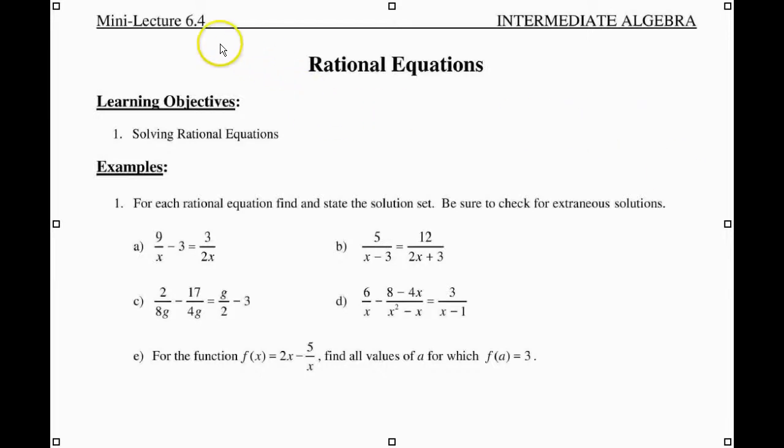In topic 4, and we are skipping section 3 of chapter 6, we're going to do rational equations. So these are equations that contain fractions.